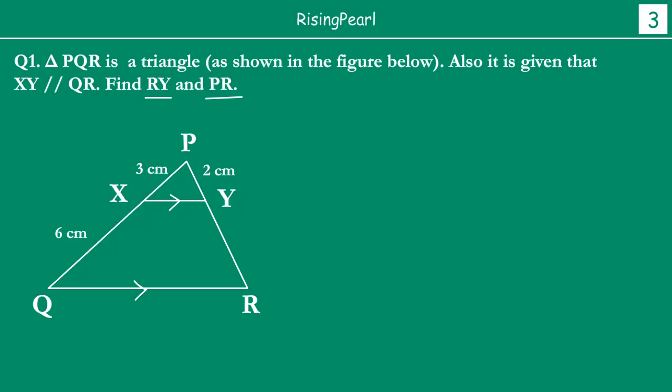So if you recall the second theorem that we talked about, we have a triangle PQR and XY is parallel to QR. It means we know that PX divided by QX must be equal to PY divided by RY.